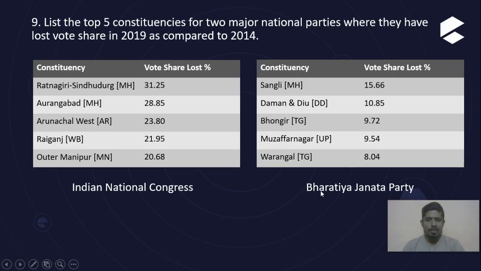In case of BJP, these top five constituencies are Sangli constituency from state Maharashtra, Daman and Diu from Daman Diu, Bhongir constituency from Telangana, Muzaffarnagar constituency from Uttar Pradesh, and Warangal constituency from Telangana.